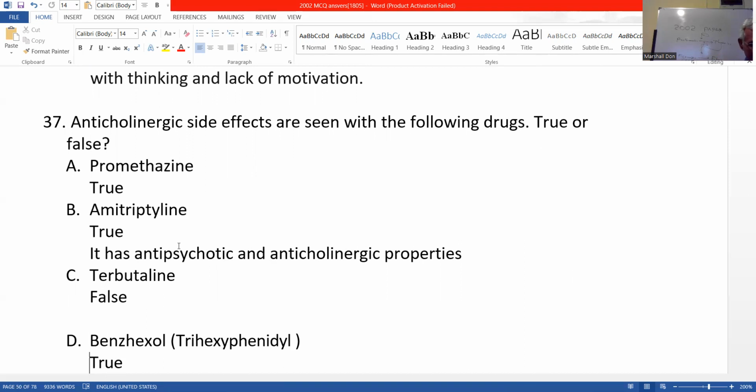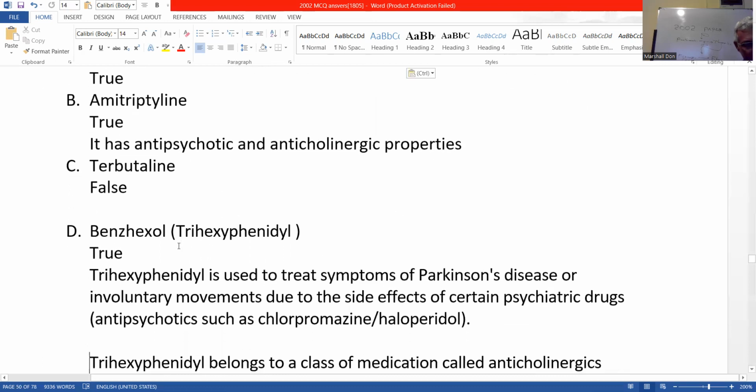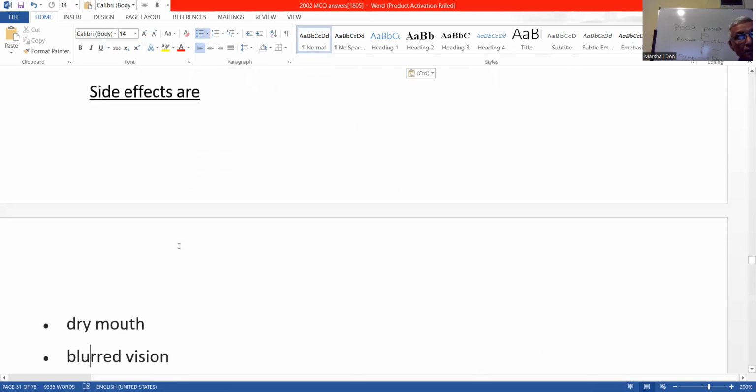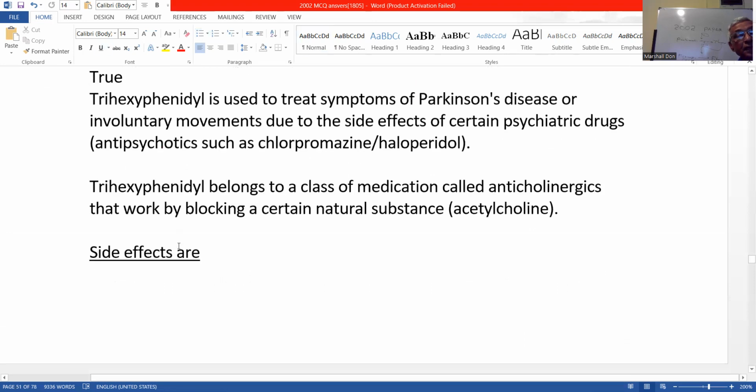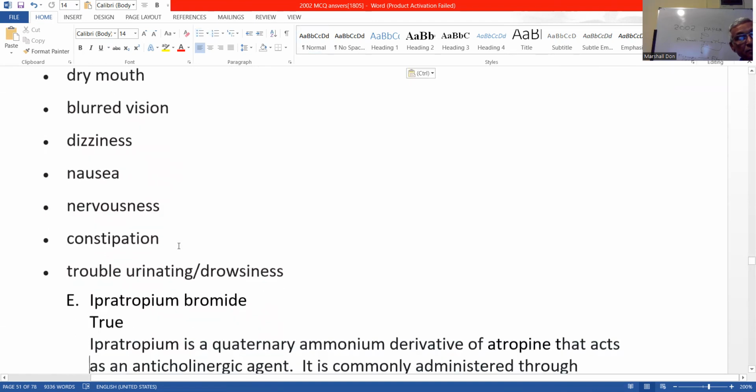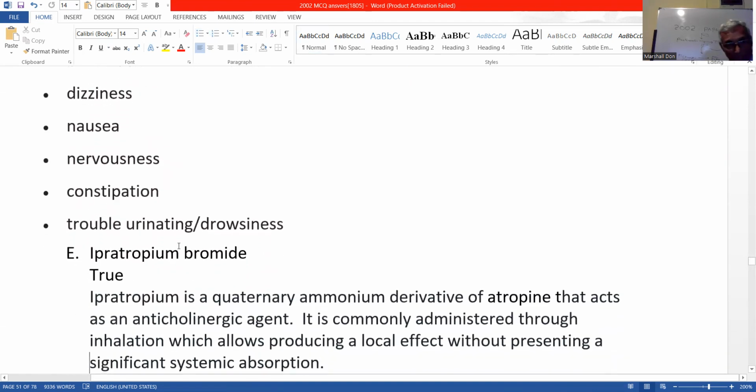Terbutaline, no. Terbutaline is given in asthma. That is a short-acting beta-2 agonist. Benzexol, true. Benzexol is given in Parkinson's disease. This is the side effects of benzexol. Ipratropium bromide, true.